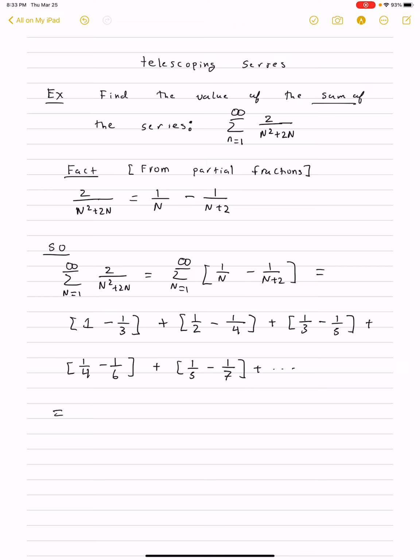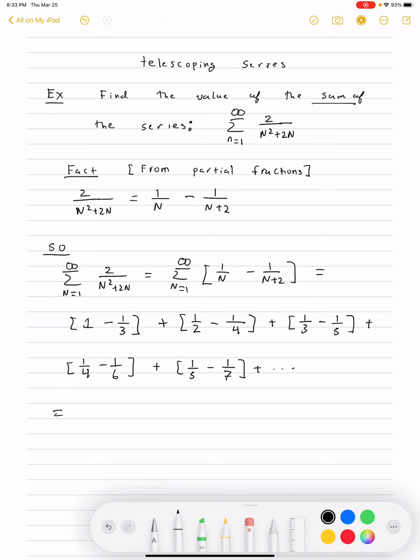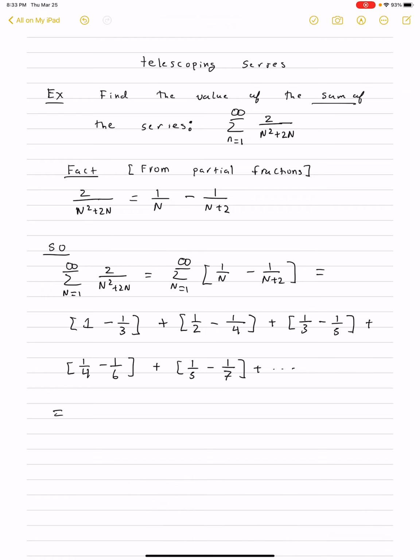Now I want to take out my little pen, and I'm going to notice, hey, I have 1/3 appear twice in this list. Here's a 1/3 and here's a 1/3. They have the same value but opposite signs, so I get to cancel them. I have a 1/4 here and a 1/4 here.